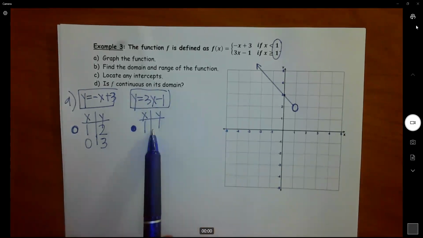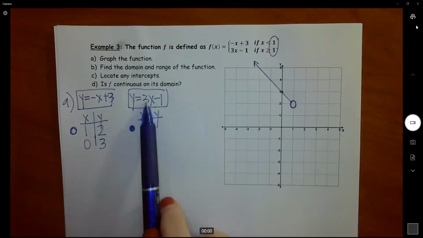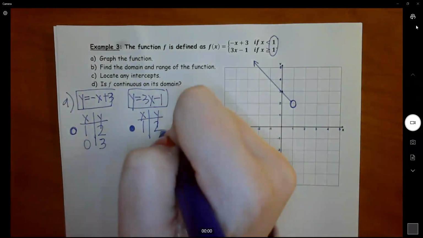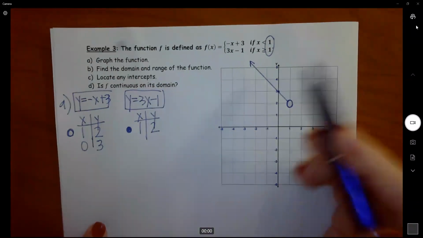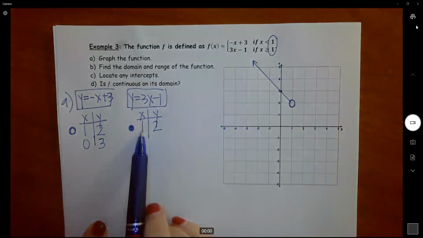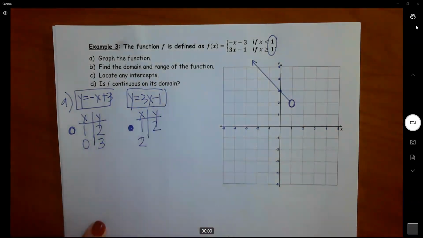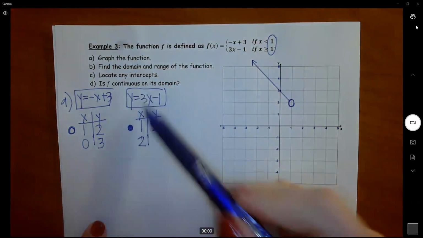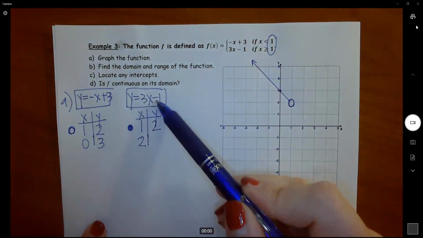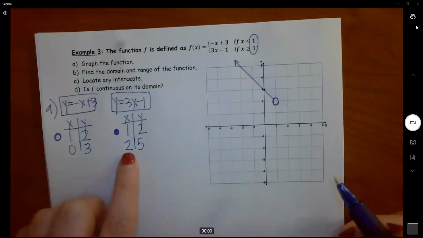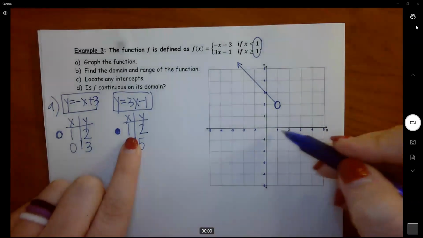And now let's go to the second one. So let's plug in 1. 3 times 1 is 3, minus 1 is 2. And then we have x is greater than or equal to 1. So something that's greater than or equal to 1 is 2. So 3 times 2 is 6, minus 1 is 5. So I'll start at the first point, which is 1, 2.